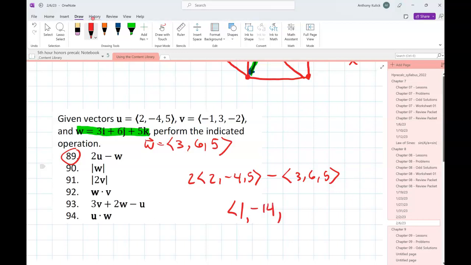And then 2 times 5 is 10, minus 5 is 5. Did I say that right? Yeah, I accidentally wrote down E instead of U. Oh, that would do it. Yep, very easy to do.